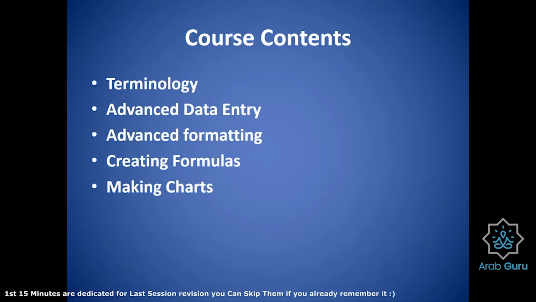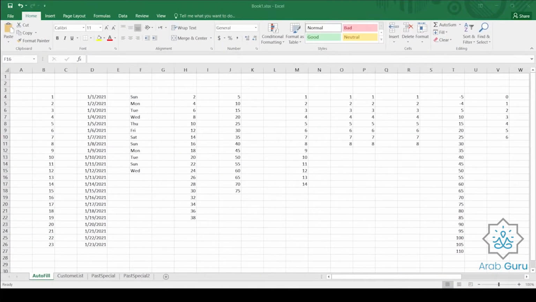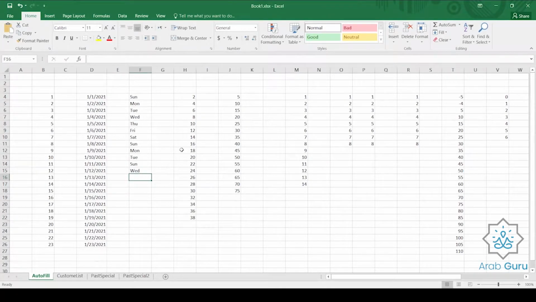Let's recap last time's points quickly. We talked about Excel and spreadsheets, because Excel is one of the spreadsheet programs. So spreadsheets is the category that Excel belongs to. We talked about Excel objects, meaning that all these small rectangles are called cells.